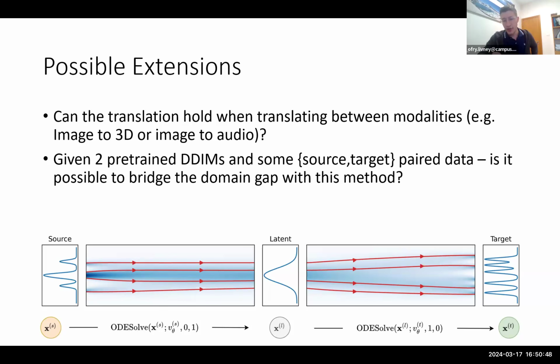But when they scaled it up to, say, ImageNet translation, this became much more difficult, and we saw that it didn't actually work. The only reason it did work was that they did have some shared training between both sides of the DDIB architecture, right? Because both DDIMs did have shared parameters and shared training.